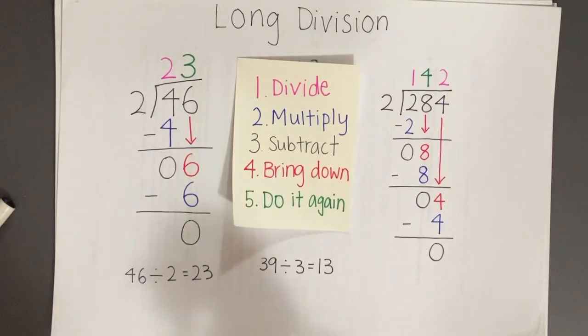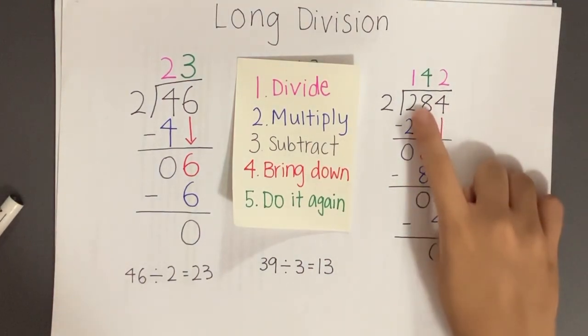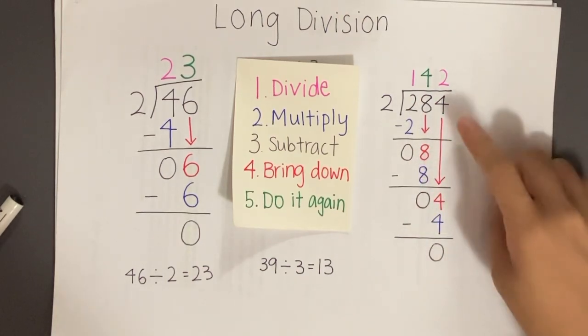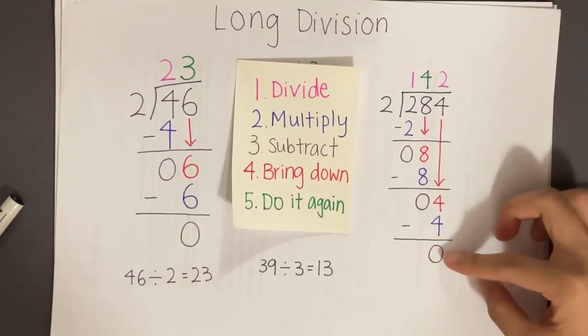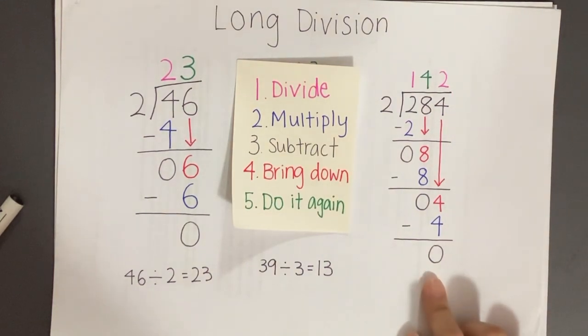My fourth step is to bring it down. Do I have any other digits to bring down? If you take a look, I've already used my digit in the hundreds column, the tens column, and the ones column. There are no other digits after that, so I stop here.